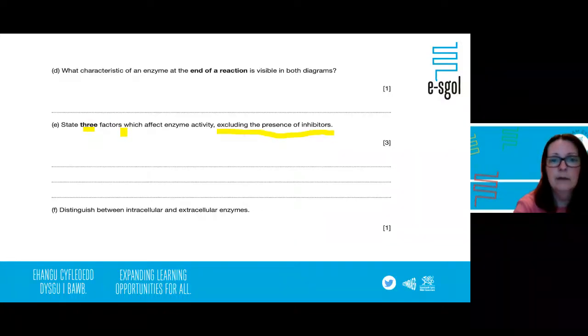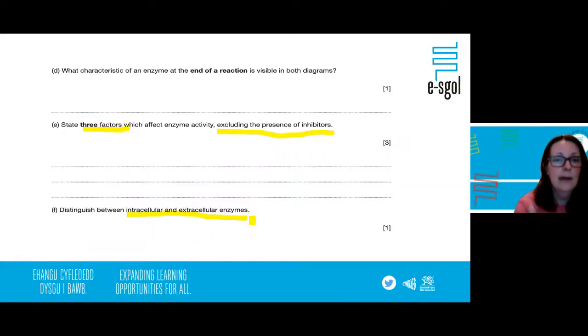We need 3 factors, and it's just naming those 3 factors. And then finally, distinguish between intracellular and extracellular enzymes. So that's just a case here of describing a clear difference between intracellular and extracellular enzymes.